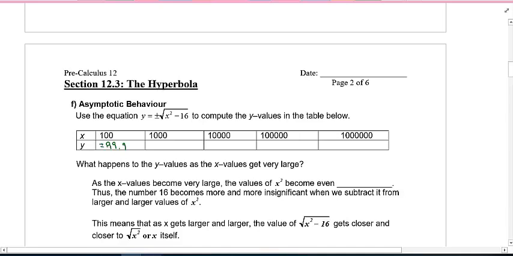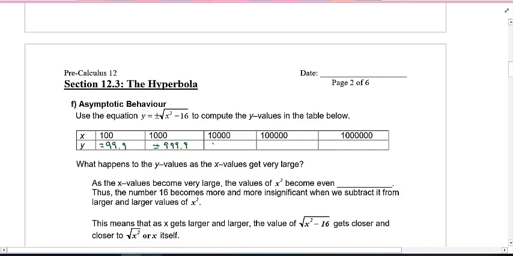Next one with 1,000. If I do that, 1,000 squared minus 16, taking the square root of that. Notice that 16 really doesn't make a difference. It's really small compared to that big number, but you get plus or minus 999.9.